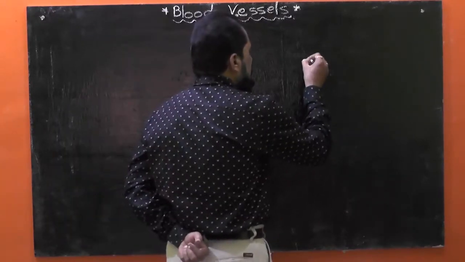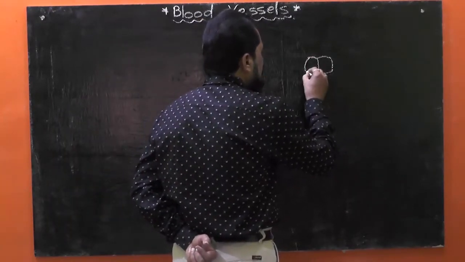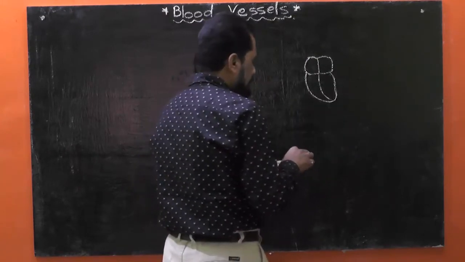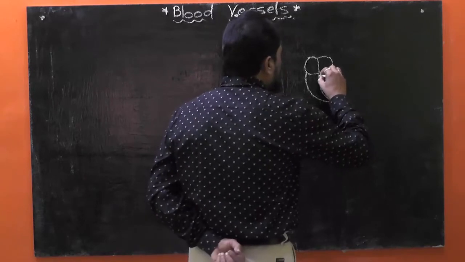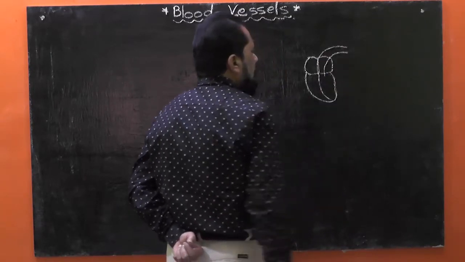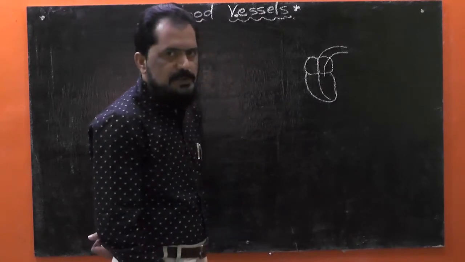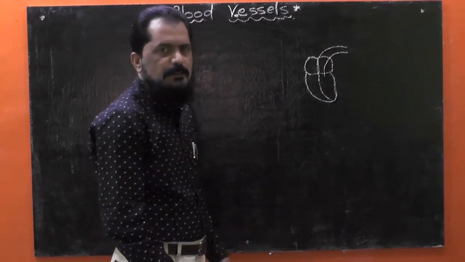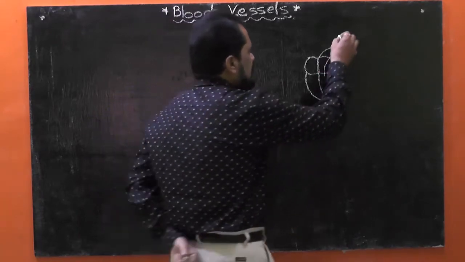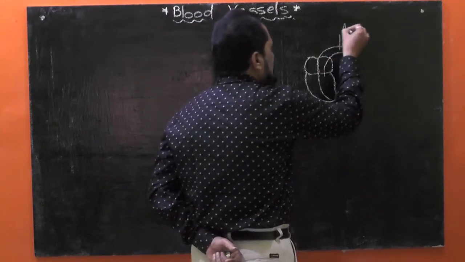Consider, here is supposed to be the heart. Now, the largest blood vessel originating from the heart is known as aorta. Suppose here is the largest blood vessel originating from the left ventricle, that is nothing but the systemic aorta.